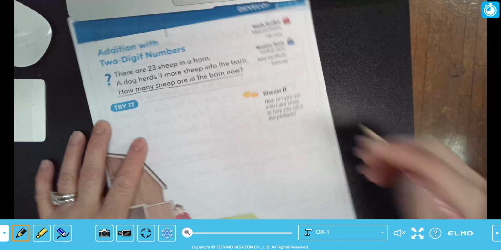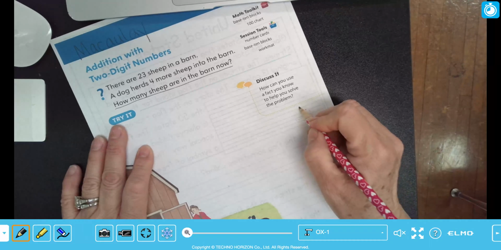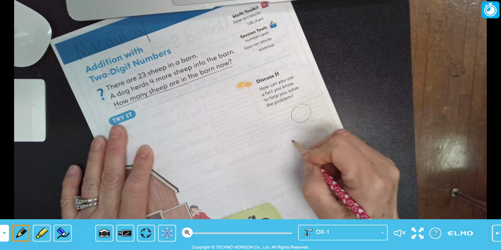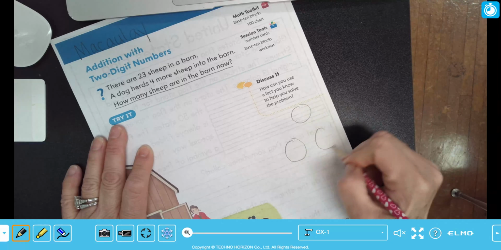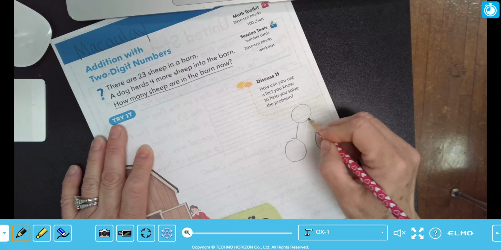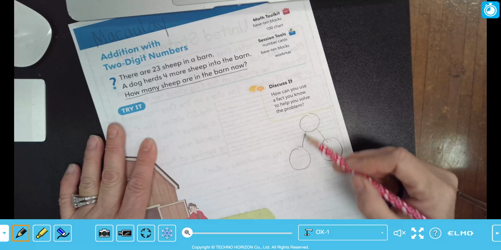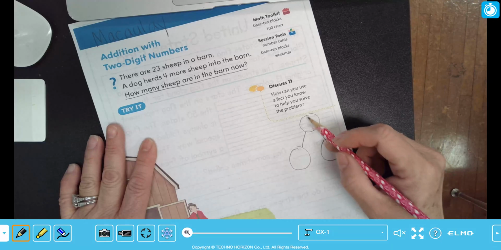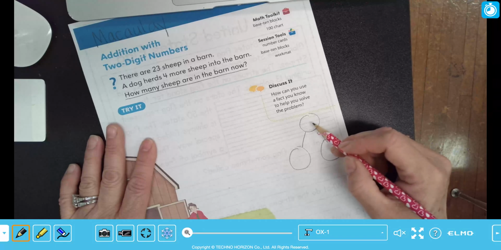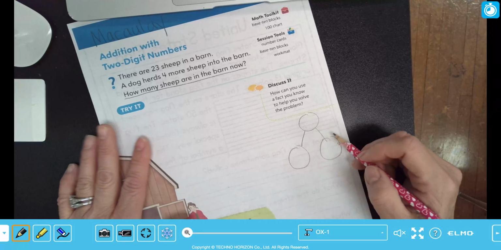So let's do a number bond over here. We have space over here. I'm going to make a circle, a circle, a circle, and then I'm going to connect them. When you make your number bond, do the circles first and then connect them, because if you connect them first, you're going to make the connection too long.